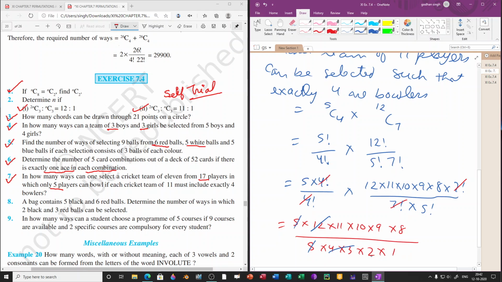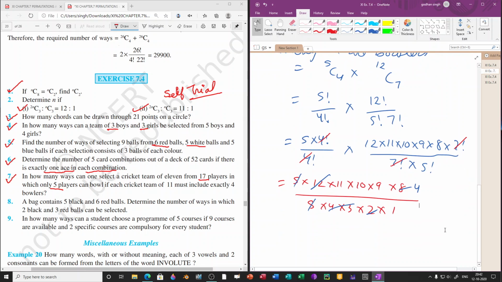Then we cancel 2 and 8, which becomes 4. So what we get is 11 into 9 into 4 into 10.